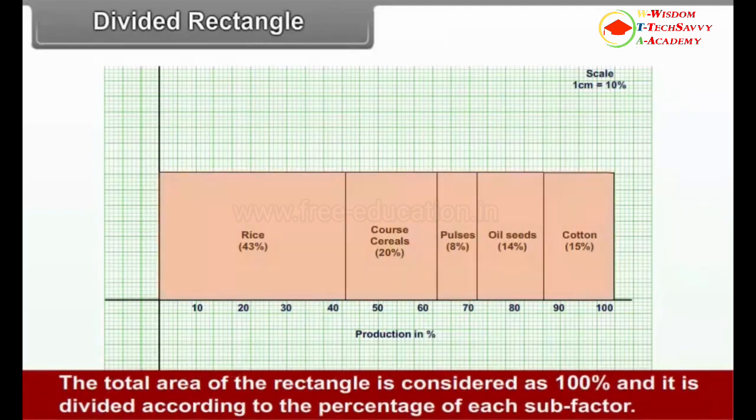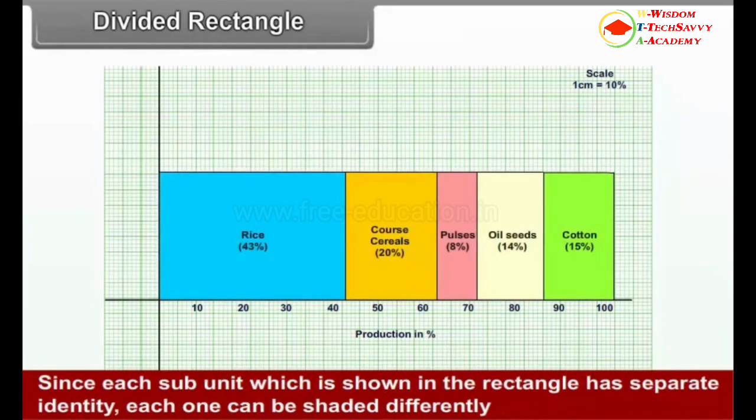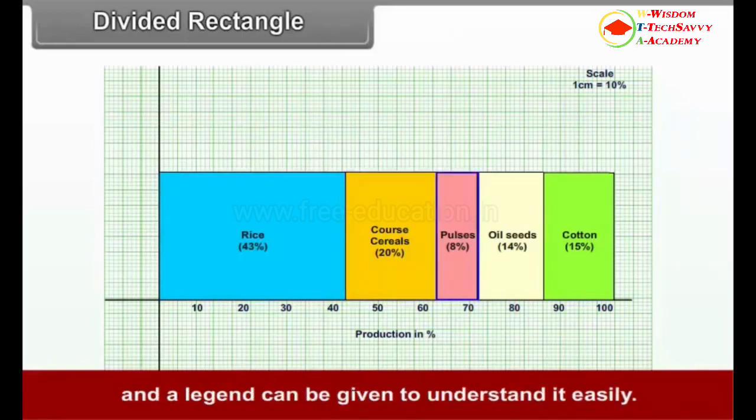The total area of the rectangle is considered as 100% and it is divided according to the percentage of each subfactor. Since each subunit which is shown in the rectangle has a separate identity, each one can be shaded differently and a legend can be given to understand it easily.